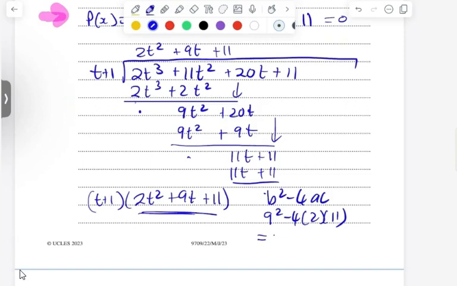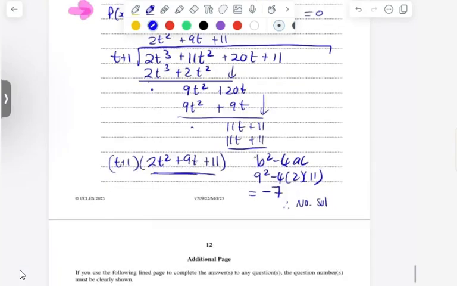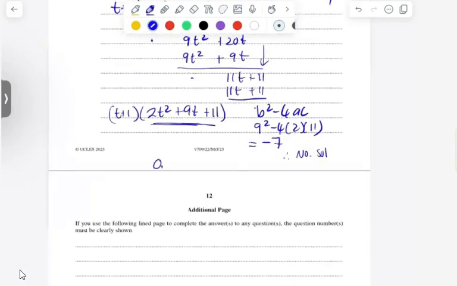And that gives us negative 7. Therefore, no solutions. Oh, I'm running out of space here. The only t is equal to -1 is a root.